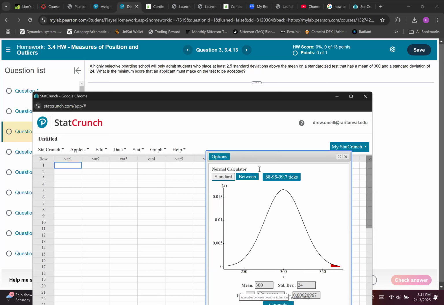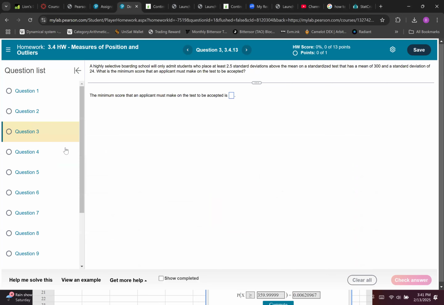Okay. So essentially what we're doing is we're going back and forth between the same curve, but when we switch the mean and standard deviation from 0 and 1 to what we're given, the area still maps between them. Okay. So we put 360 for that.